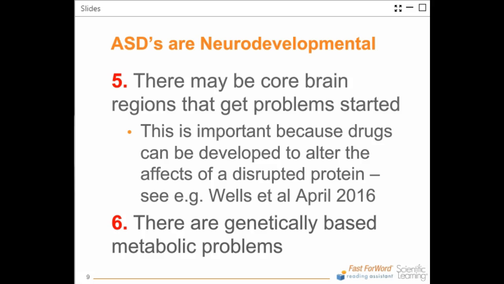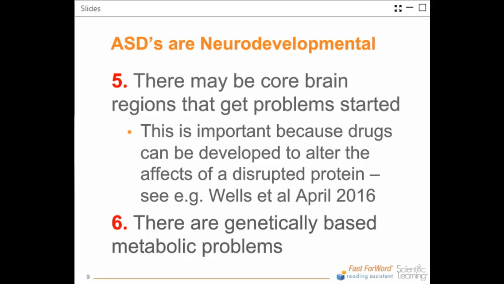There may be some new drugs on the market in the next few years that will be able to identify those early factors that cause a cascade of effects later on. If a little baby is having trouble sleeping and paying attention, and so the brain isn't having the same experiences as another baby, if we can attack that at a very early stage, when the baby's a month of age or a few weeks of age, then we might be able to prevent some of the symptoms of autism later on.